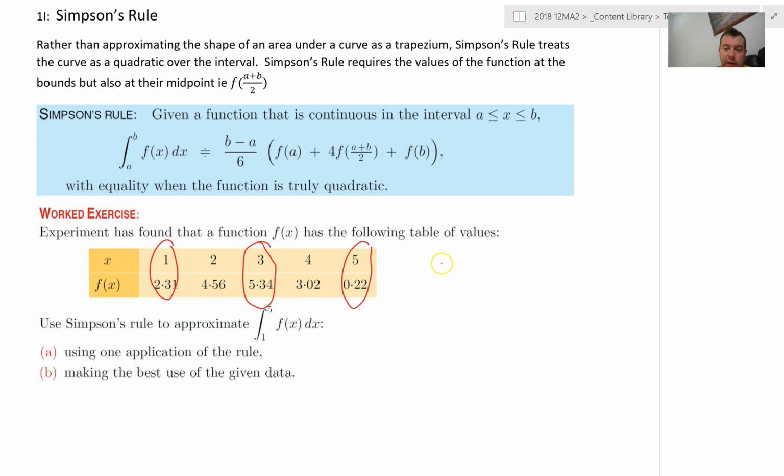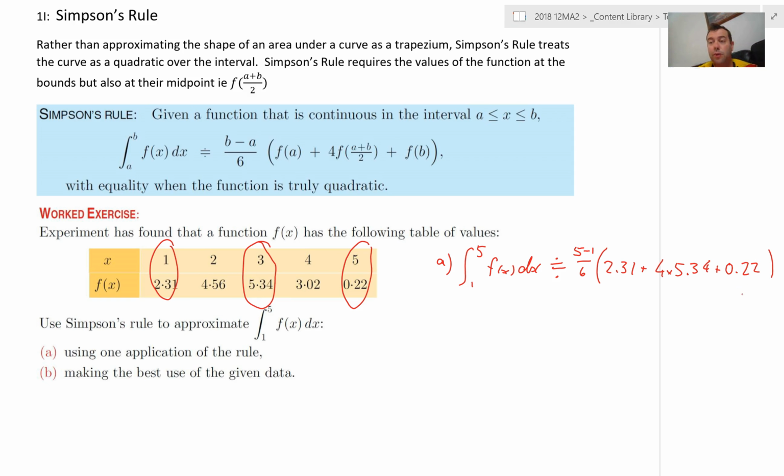So for part A, the integral from 1 to 5 of f(x) dx is approximately equal to (5 minus 1) over 6, outside of, the first one, 2.31, plus 4 times the middle one, 5.34, plus the last one, 0.22.